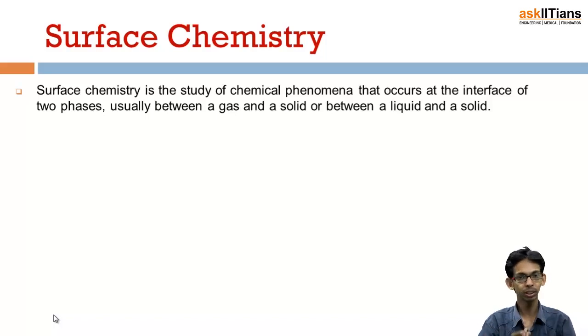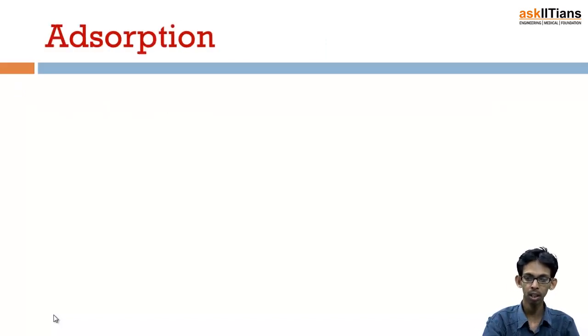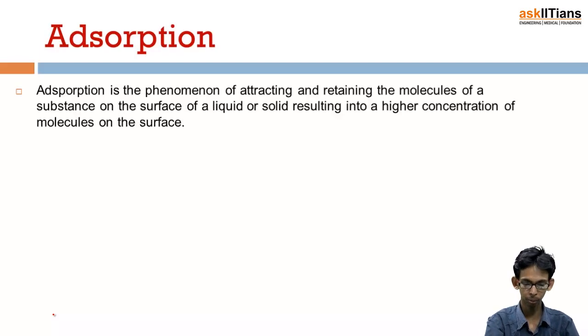So surface chemistry is related with all the chemical phenomena which take place at the interface or surface. And the most common phenomenon which we are going to discuss in this chapter is adsorption. What is adsorption? Adsorption is the phenomenon of attracting and retaining the molecules of a substance on the surface of a liquid or solid, resulting in a higher concentration of molecules on the surface.